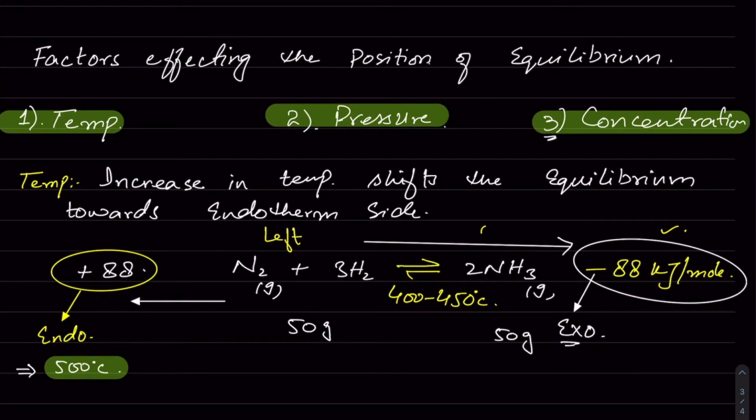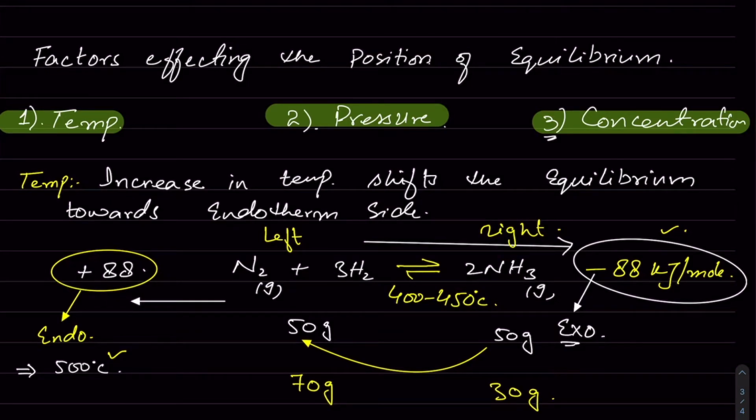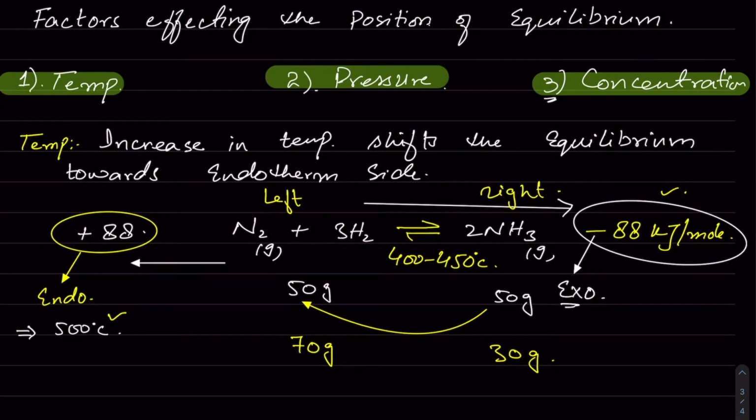The left side is the reactant side and the right side is the product side. If you increase the temperature from 450 to 500 degrees C, equilibrium will shift towards the reactant side. So shifting of equilibrium means the amount of reactant will be more, let's suppose 70 grams, and the amount of product will decrease. So this is the effect of temperature.